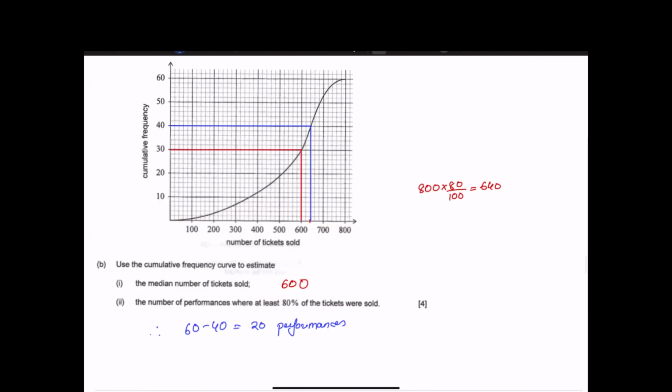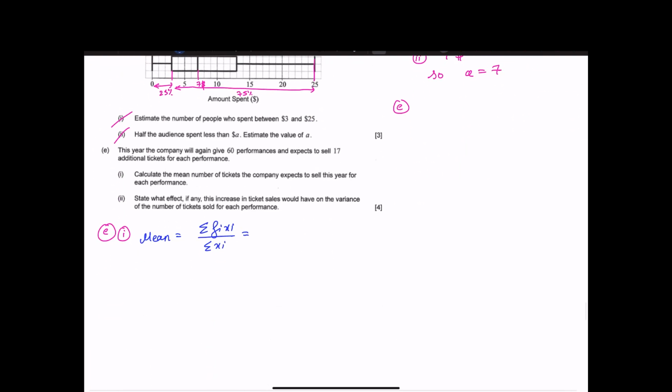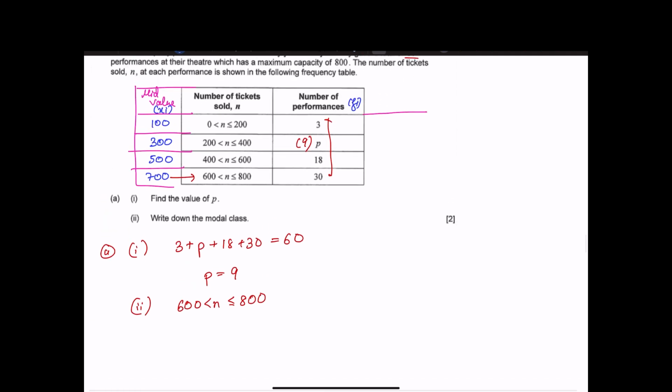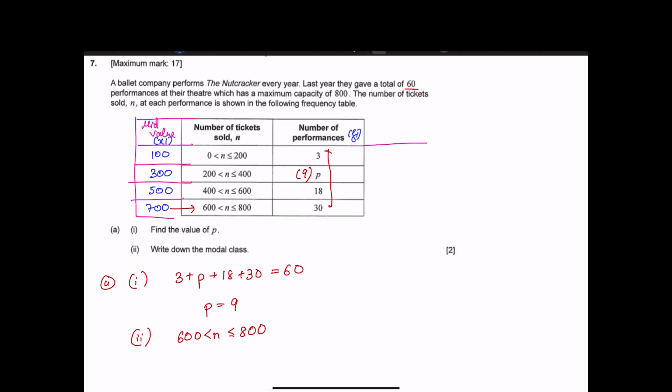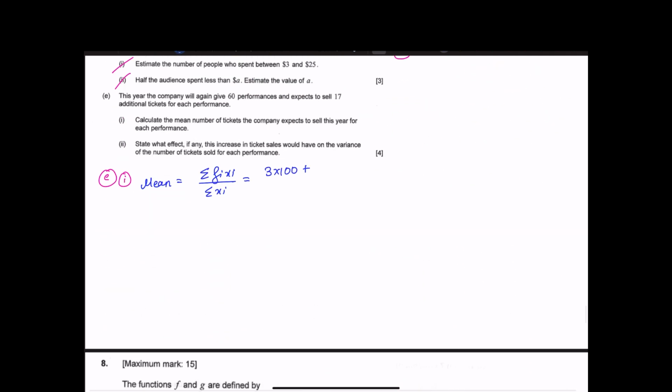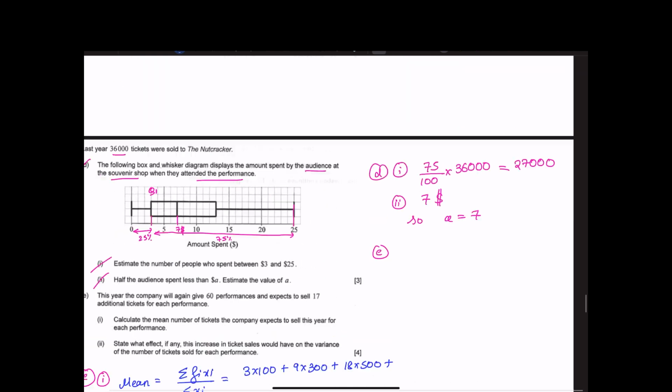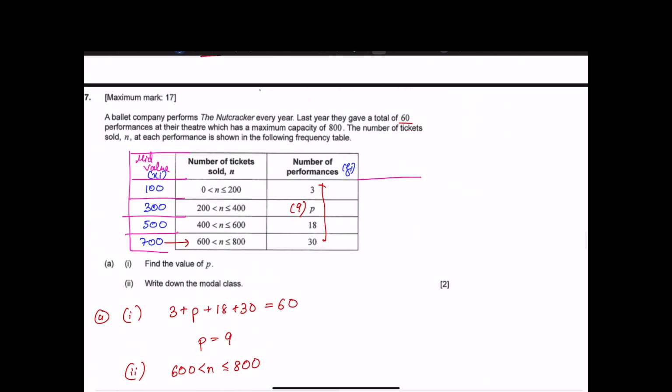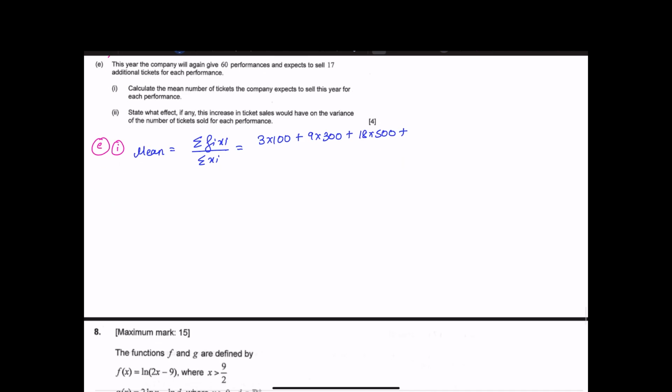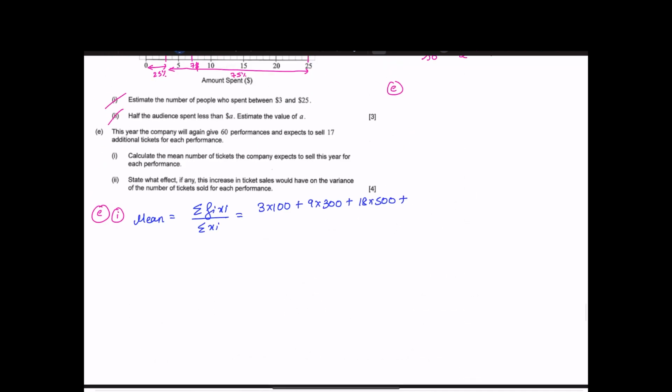So for the first one, we have 3 times 100. Next one would be 9 times 300, then 18 times 500, plus the last one, 30 times 700. And the denominator would be the sum of frequencies.